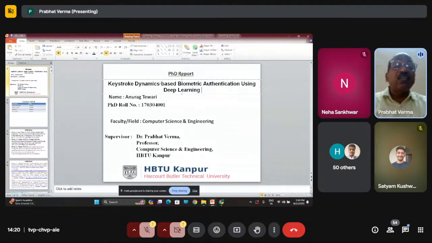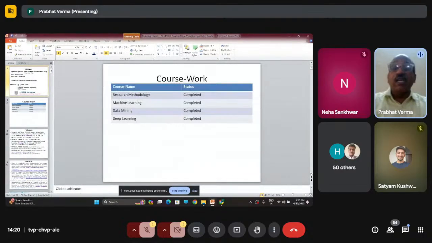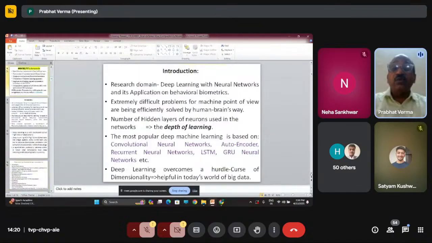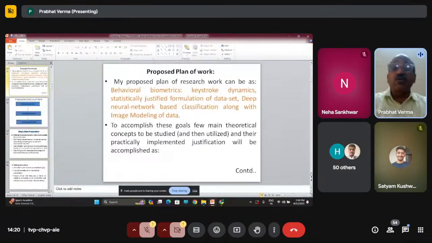Obviously this is a time-dependent, sequential issue, so it is suitable to make use of the RNN to handle this type of data. So this PhD thesis has made use of keystroke dynamics based on the LSTM, long short-term memory.